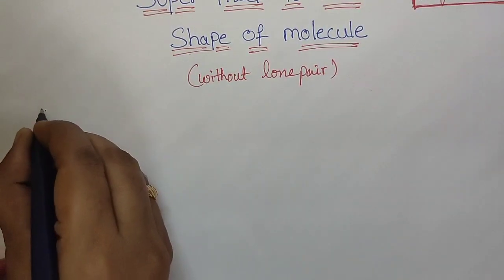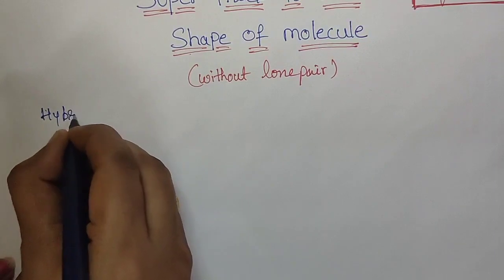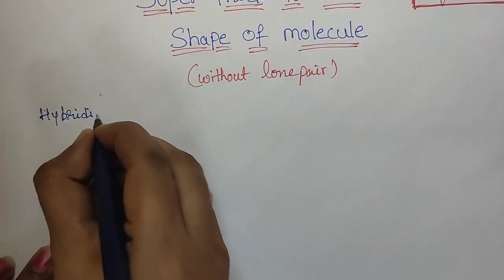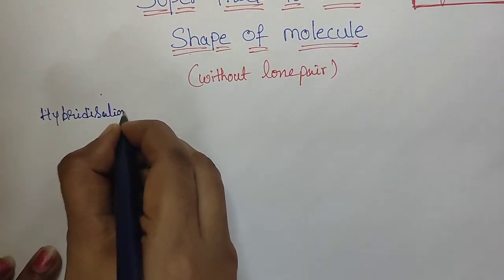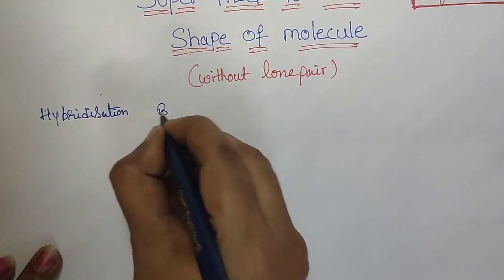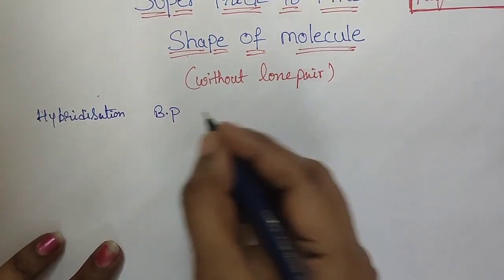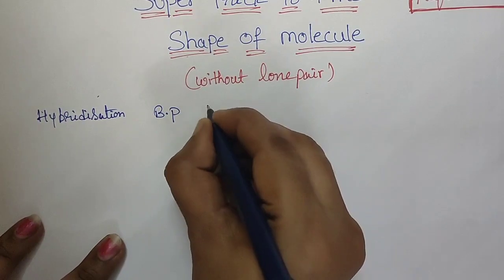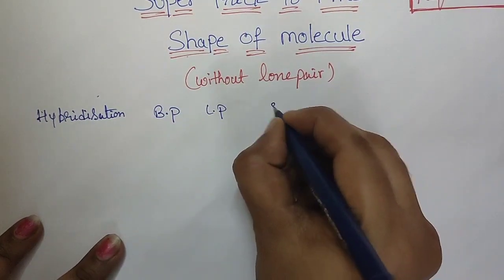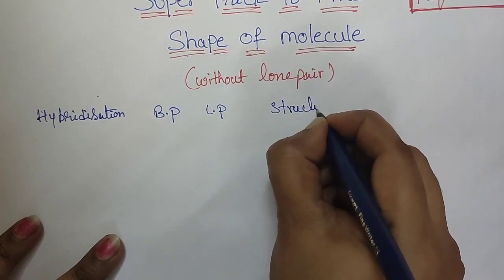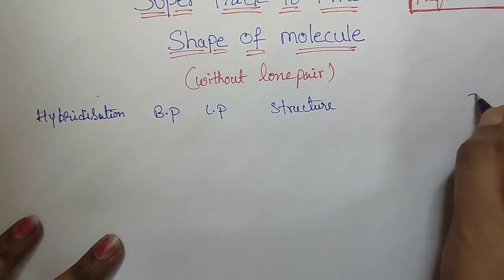Here we'll write the column hybridization. Then bond pair, lone pairs, structure, and example. Take paper and pen, students, and write down.